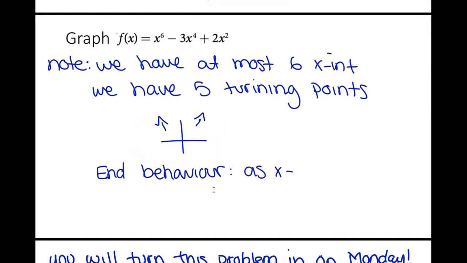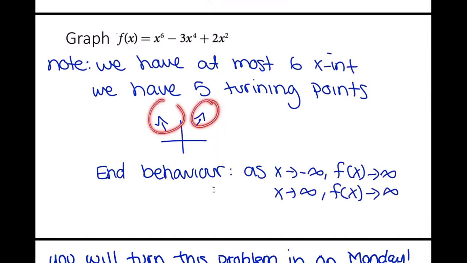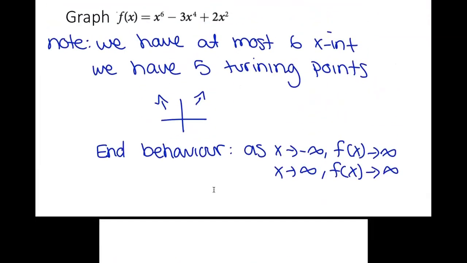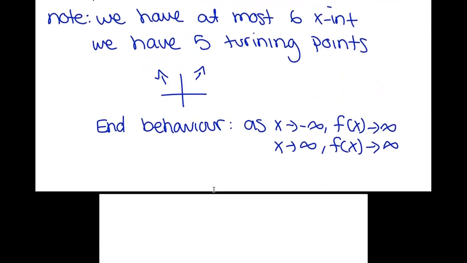So the end behavior: as x goes to negative infinity, f of x will go to positive infinity. As x goes to positive infinity, f of x will also go to positive infinity. So we have positive infinity at both ends. What else? I can find x and y-intercepts. Let's do that.